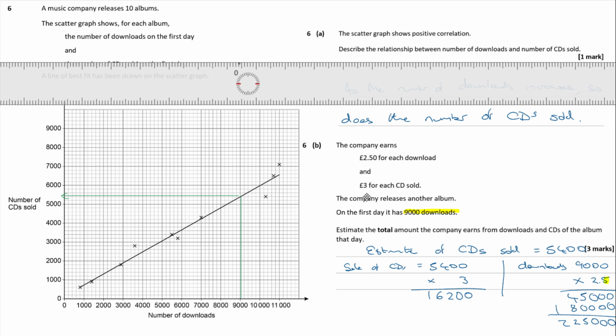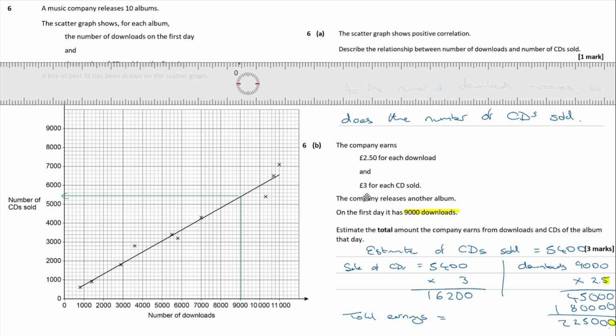Now I had one digit appearing after the decimal point here, because I just wrote it as 2.5 to spare myself some extra zeros. So I'm going to have one digit in from there is where my decimal point lies. So that's actually 22,500, isn't it?